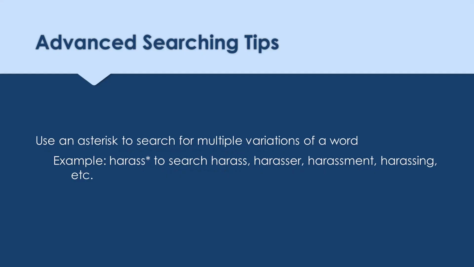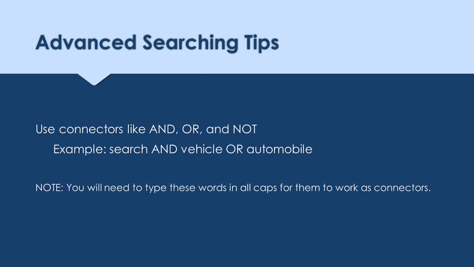If you want to search for multiple variations on a word's spelling, use an asterisk to substitute other letters. For example, you could type HARASS asterisk to search harass, harasser, harassment, harassing, and so on. To search multiple terms in one search, use connectors like AND, OR, and NOT.